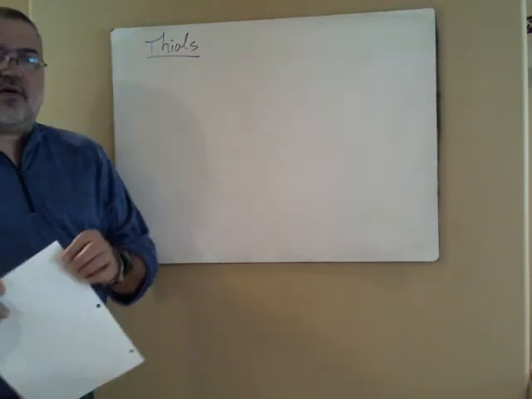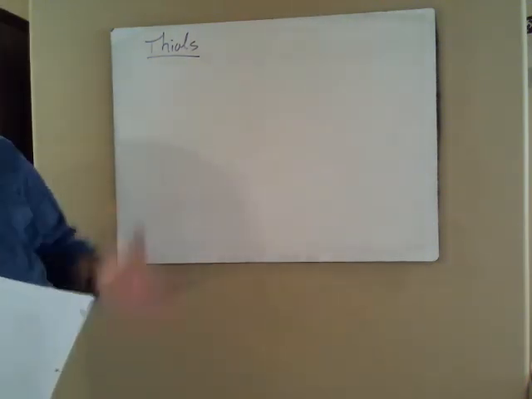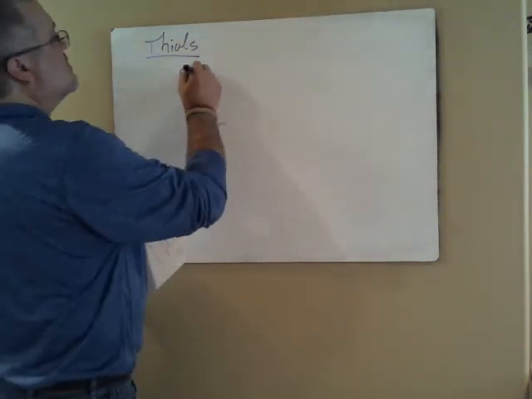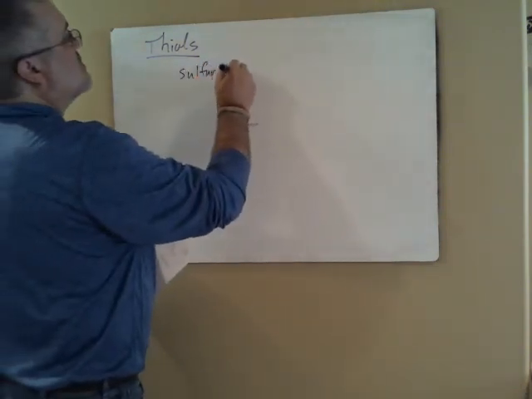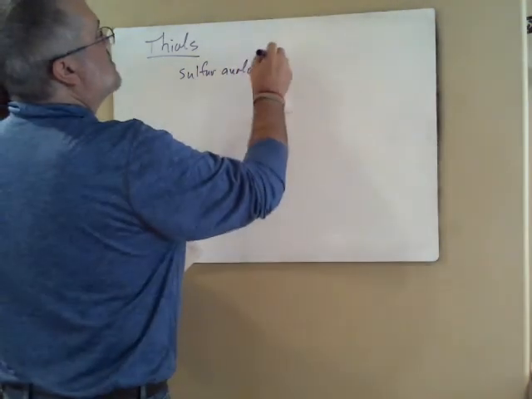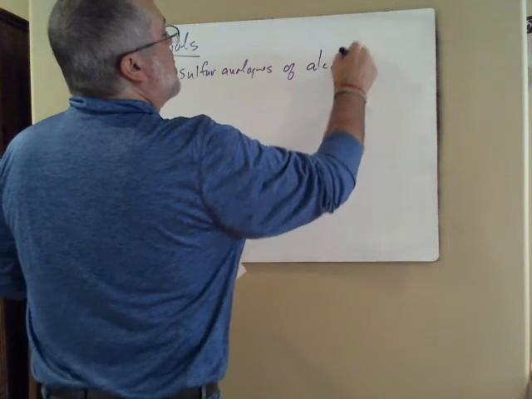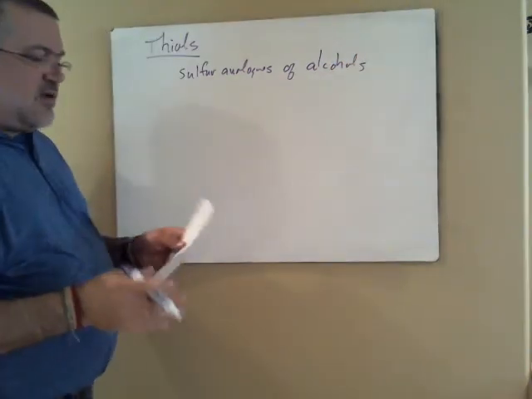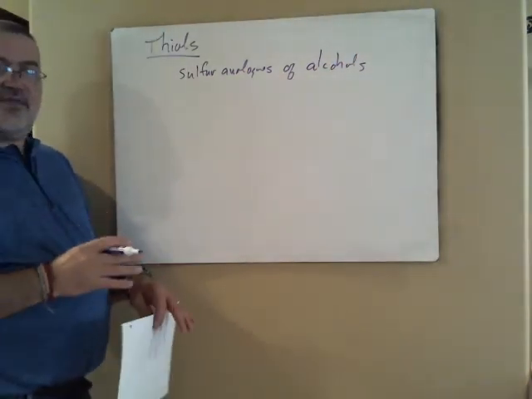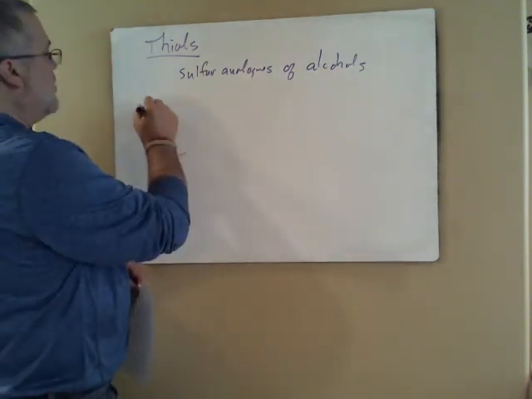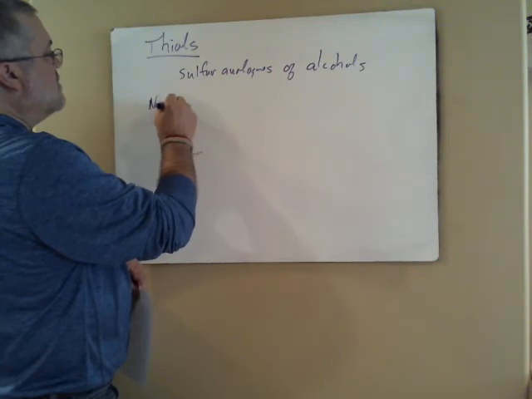Thiols are basically the sulfur analog of alcohols. And because of that, their reactivity is kind of similar, and so is their nomenclature. We're going to start with nomenclature first.